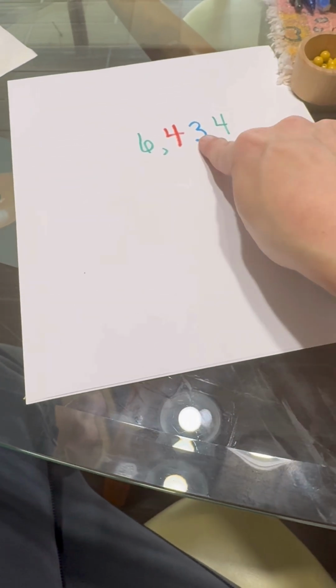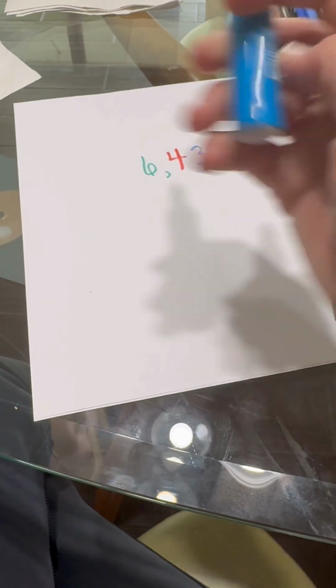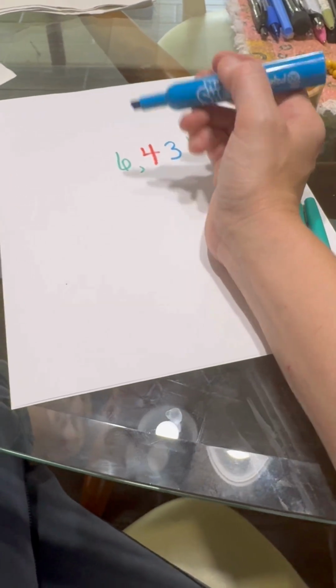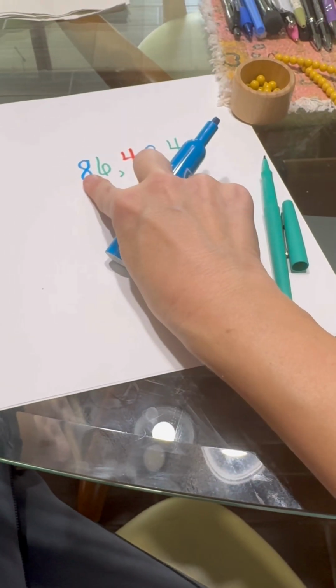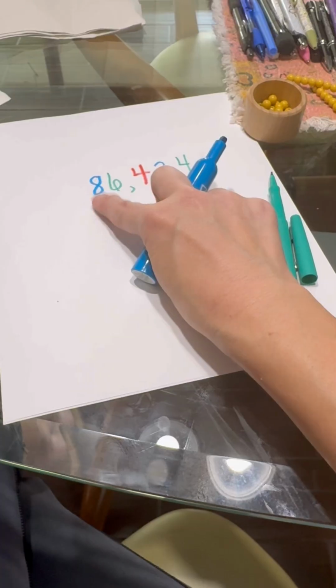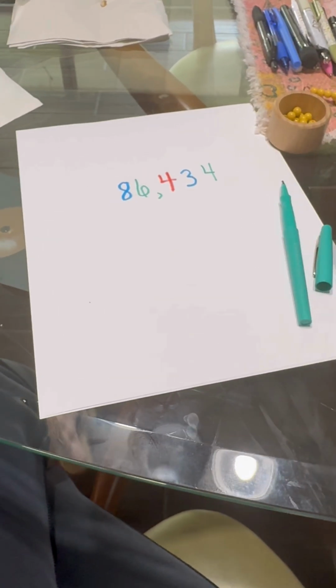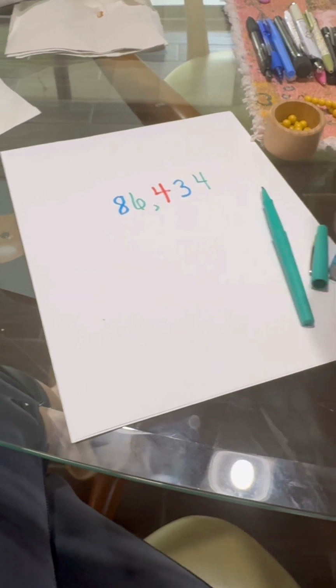So green, blue, red, green, blue. So anything dealing with blue is dealing with tens, okay? So this would be what place value? 10, and then what period are we in? 1,000. This is the 10,000s place. Okay, let's follow the pattern. Green, blue, red, green, blue, red.